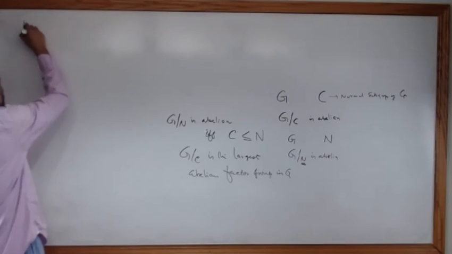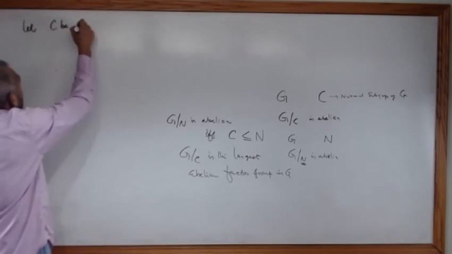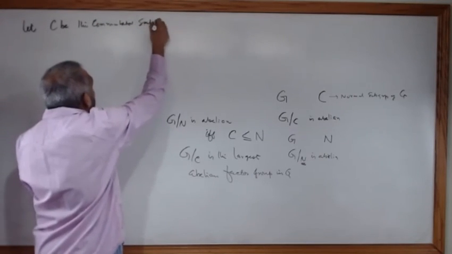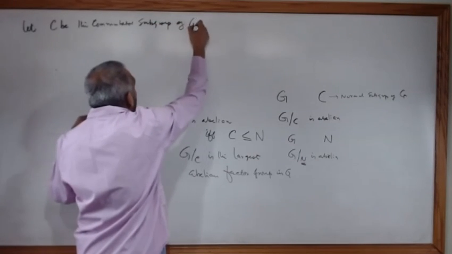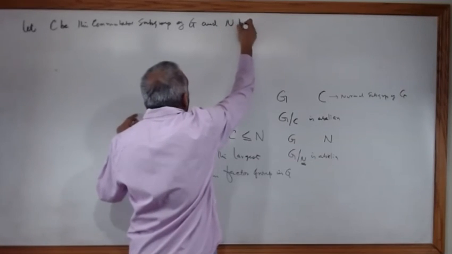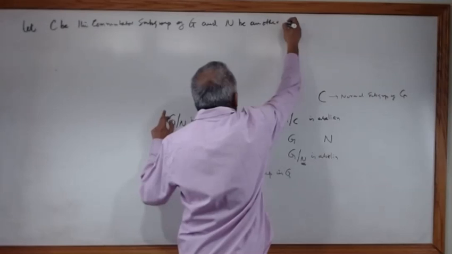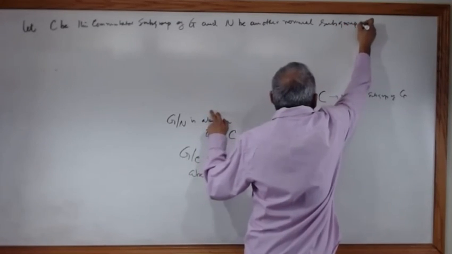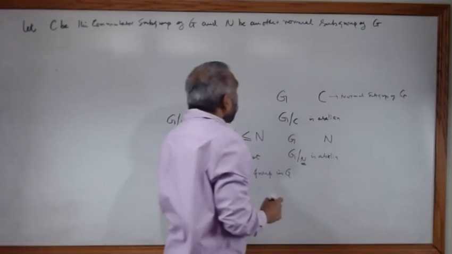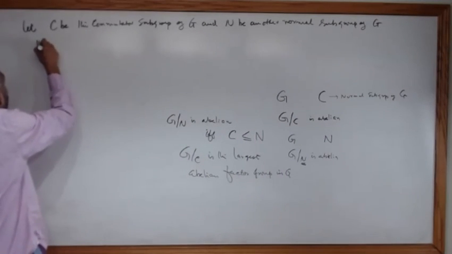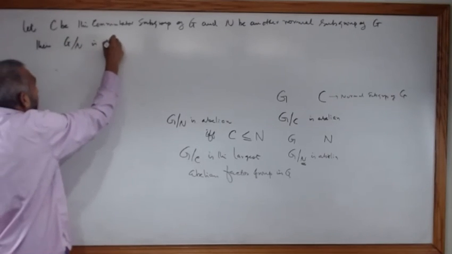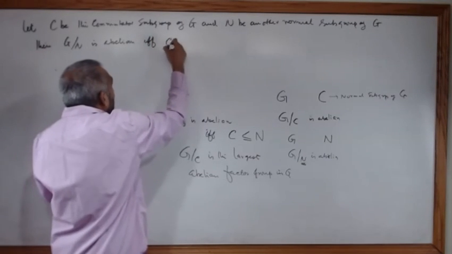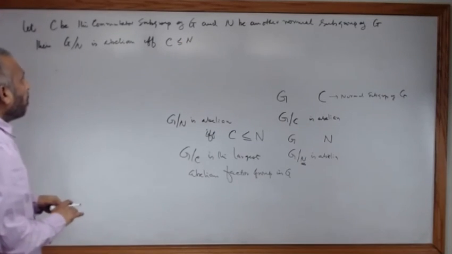So that is our next result. Let C be the commutator subgroup of G and N be another normal subgroup of G. Then G over N is abelian if and only if N contains C. So that is our next theorem.